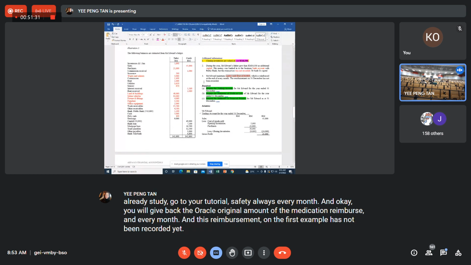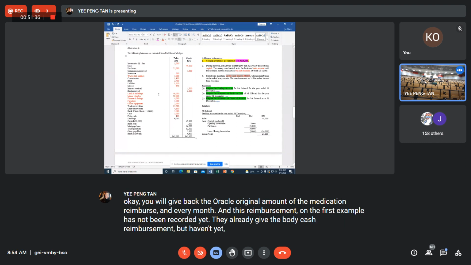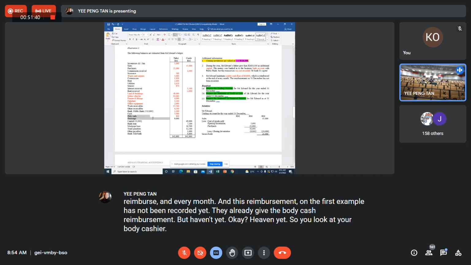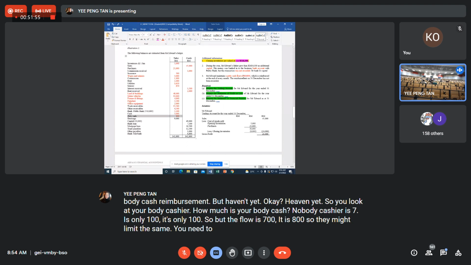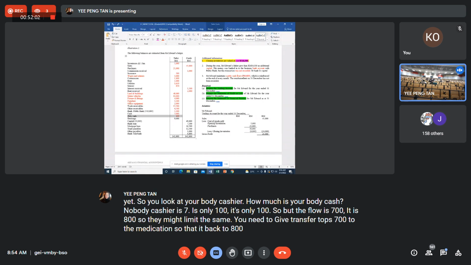That means they already gave the petty cash reimbursement but haven't topped up yet. So you look at your petty cash here. How much is your petty cash? It's only 100, but the float is 800. So you need to top up 700 to the petty cash so that it's back to 800.